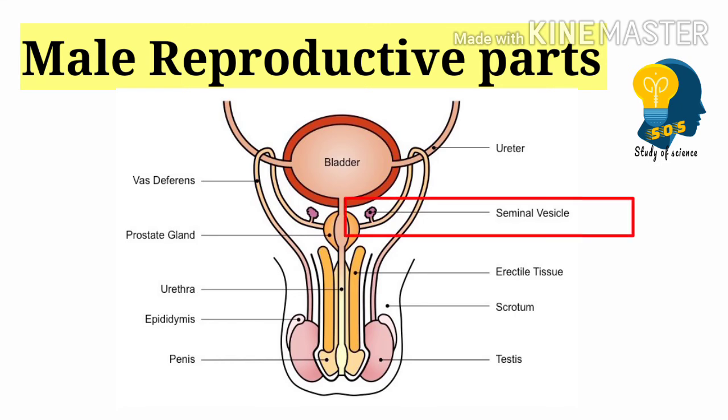At that time, the sperm's mobility will be carried by the seminal vesicle's fluid. That means the fluid added to the sperm through the seminal vesicle helps in the movement of the sperm inside the female reproductive organ.